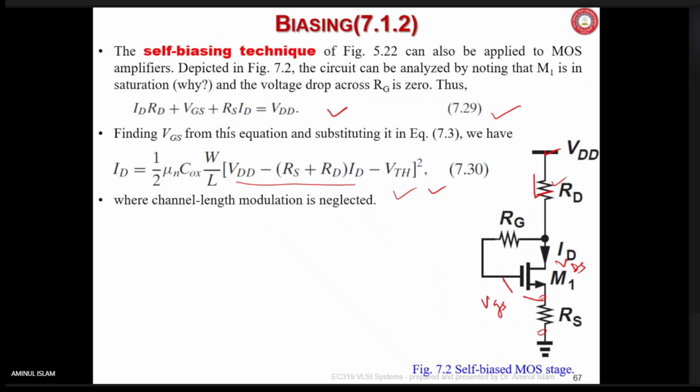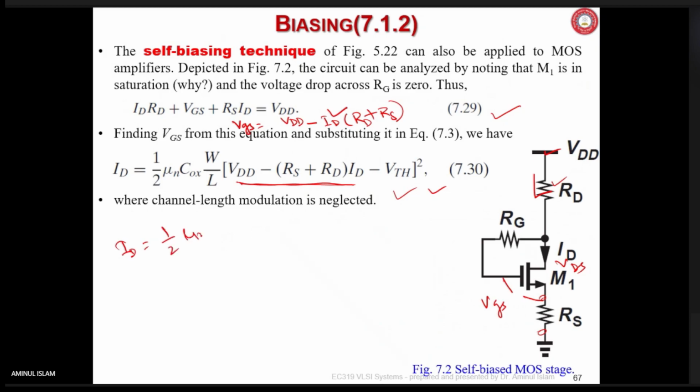VGS equals VDD minus ID, which is common, times RD plus RS. This is VGS. In our current equation, what do you write?